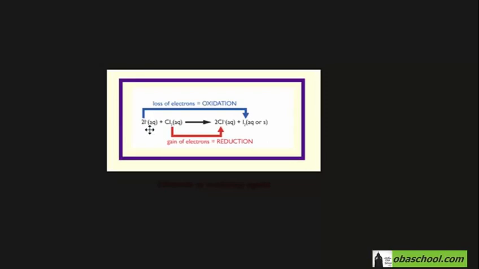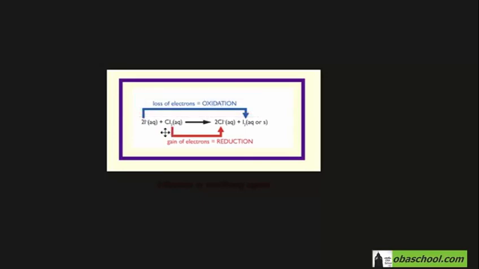Let's see first the iodine. I⁻ converted to become I2. Look, it was with a minus, but it became without here. What does that mean? This means that it loses electrons. So loss of electrons means it undergoes oxidation.